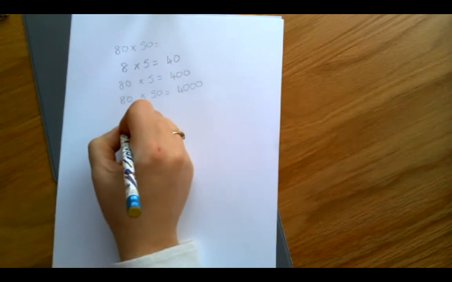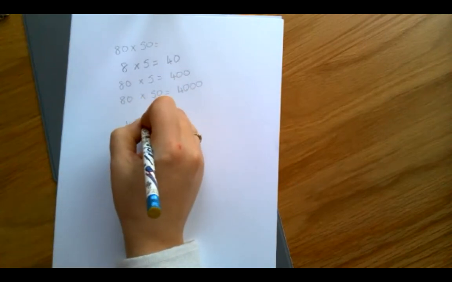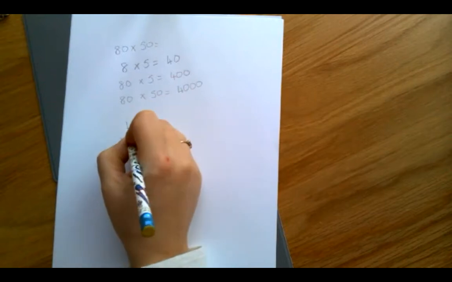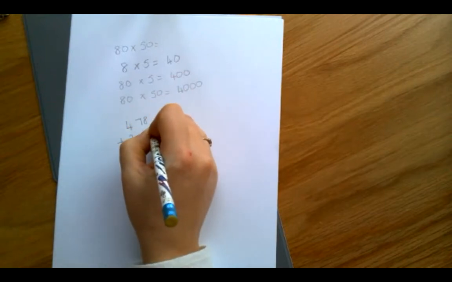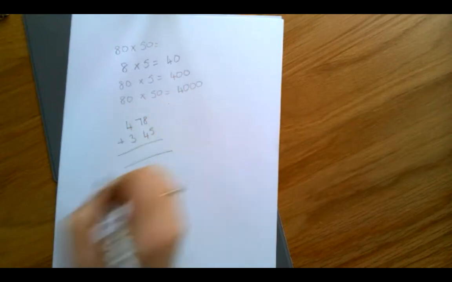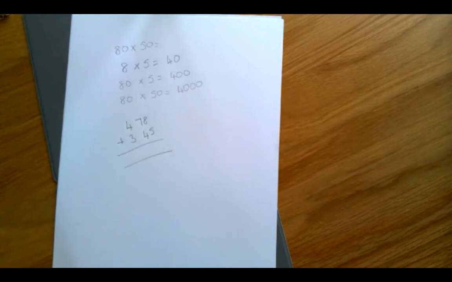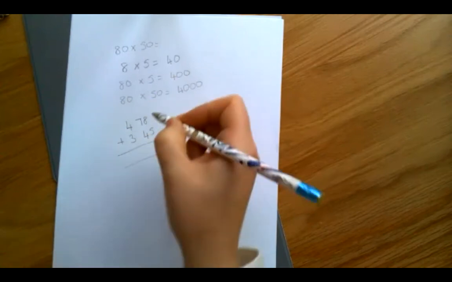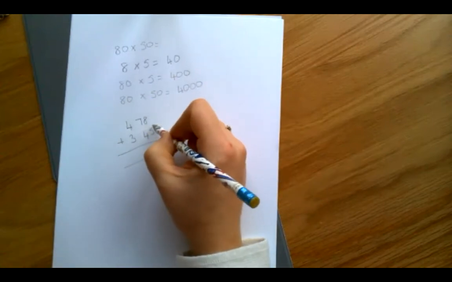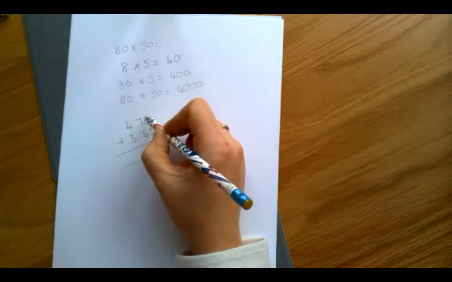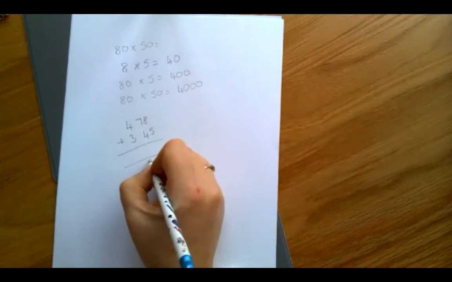The next calculation was 478 and I needed to add that to 345. I'm hoping a lot of you may have thought, oh, I've got to carry over a multiple of 10, so I will do it as a column method. So I'm hoping you remembered to start at your ones first of all. So you did 8, add 5 was going to be 13.